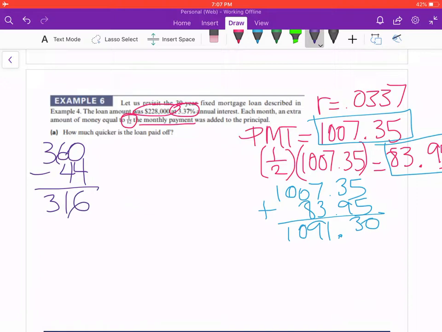We know that because 44 payments is equivalent to 3 years and 8 months.